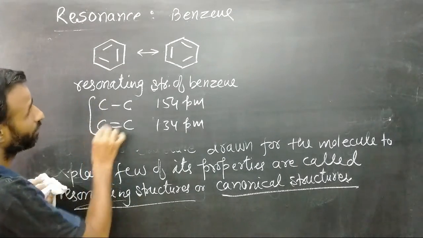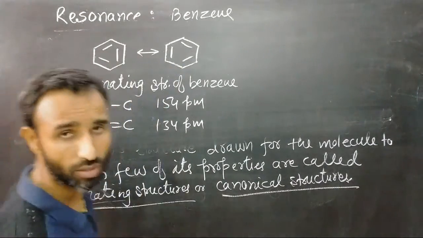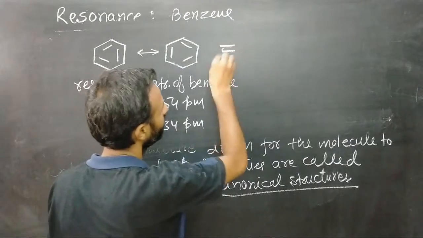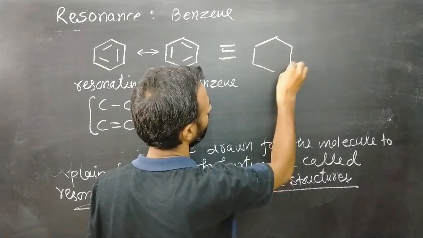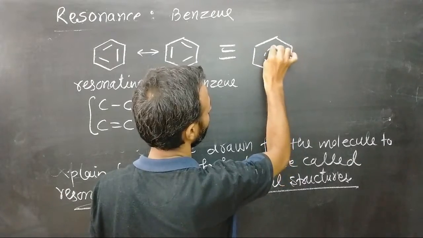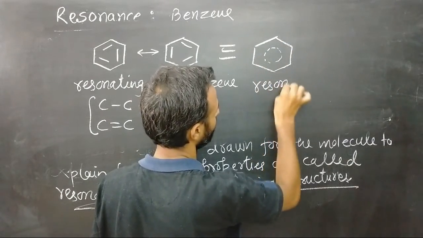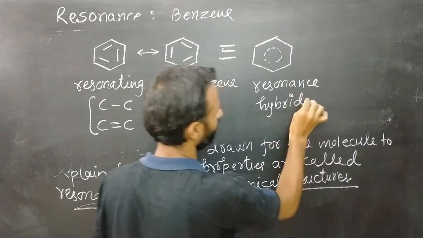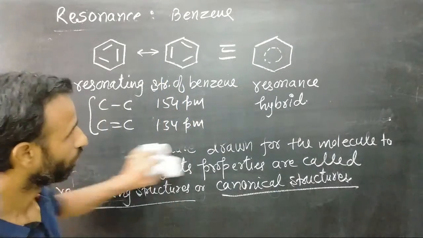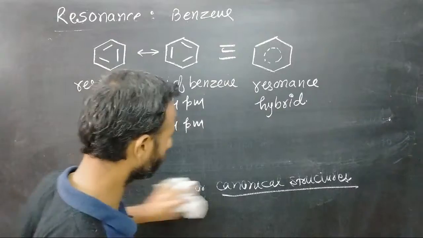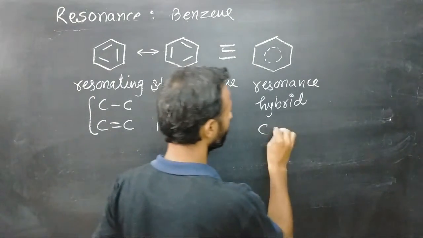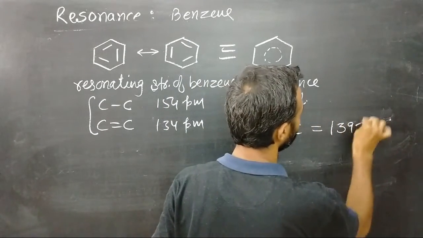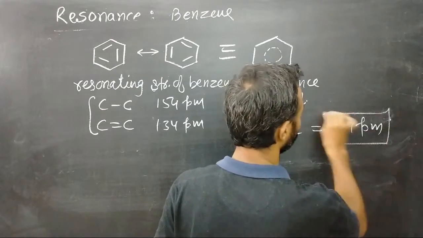That means these molecules should have 2 types of carbon-carbon bond lengths, but in actual it is like this, a resonance hybrid. Experimentally it is proved that all the carbon-carbon bond lengths are equal, and equal to 139 picometer.